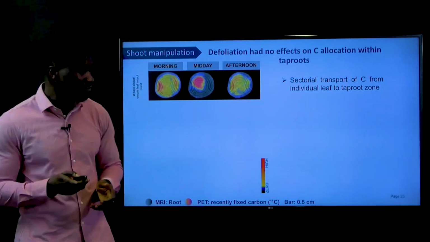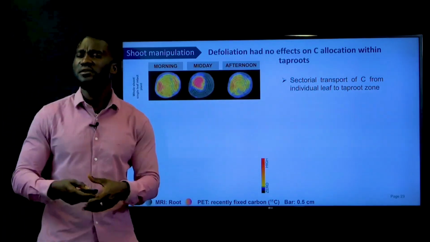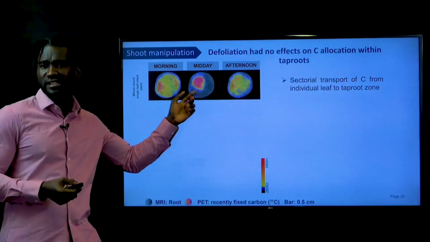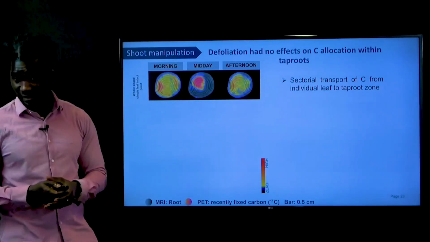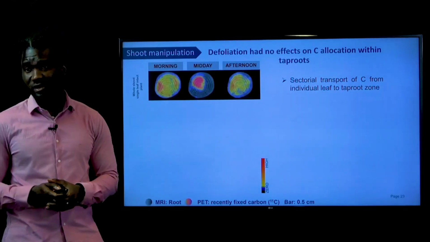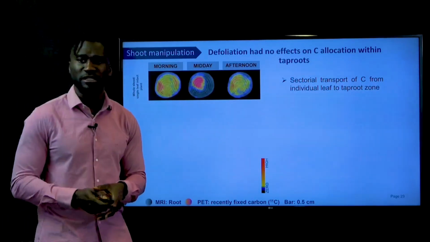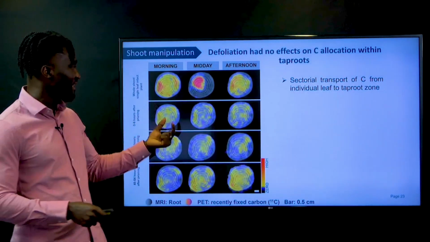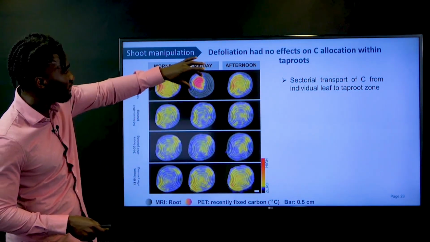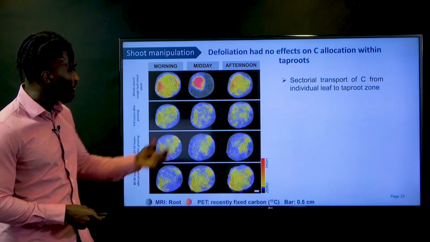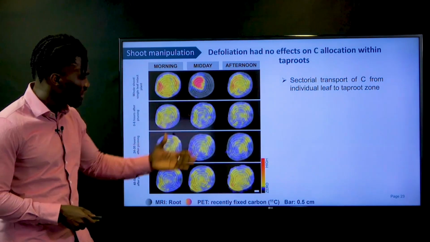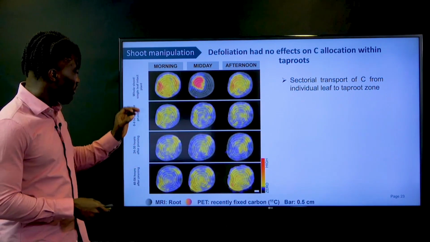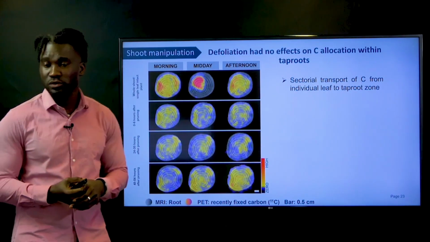So, what happens if we excise this source leaf, which previously supplied its photoassimilate to this sector of the taproot? In fact, the assumption was that this sector would be void of recently fixed photoassimilate, but that wasn't the case. Following the shoot manipulation by excising the source leaf that previously supplied its photoassimilate to this taproot section, we observed that when we removed this source leaf, the distribution pattern was unaffected.